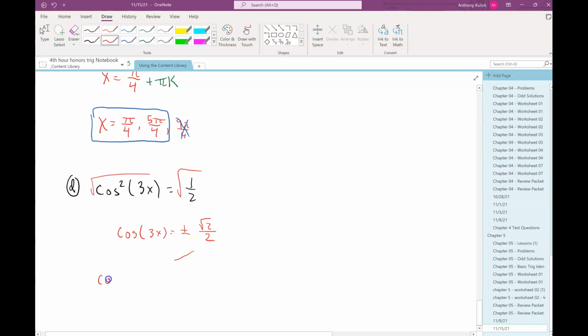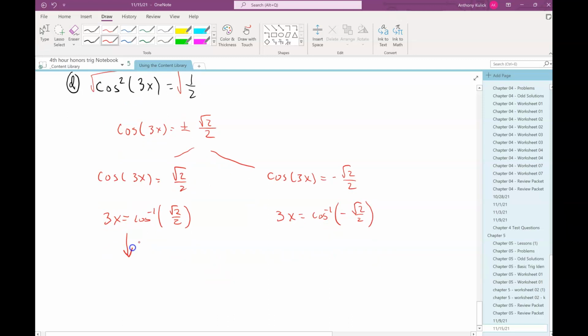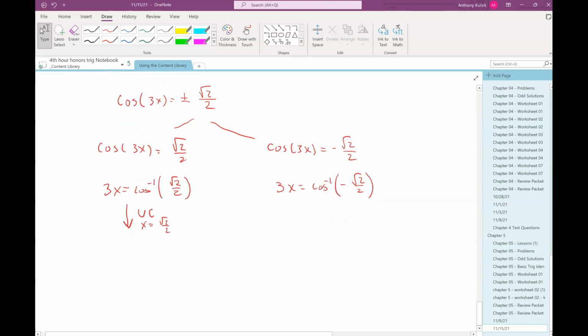So then we'll break this into two equations. So far, so good. I'll do my inverse. So I'm going to go to my unit circle and find the places where the x coordinate is positive root 2/2.